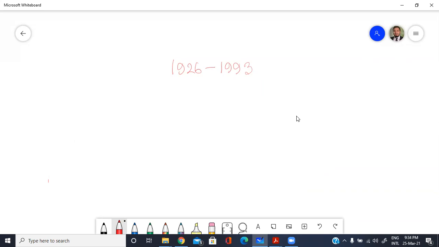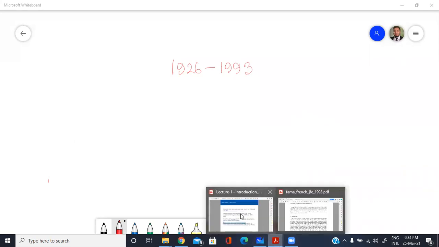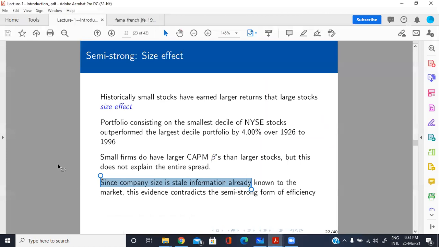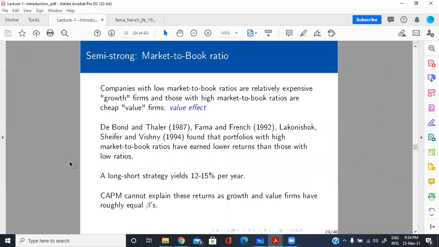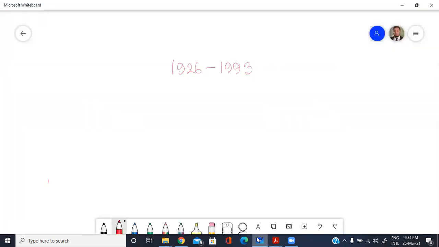I don't want to stress more on the size issue. You just see that the size effect is here. And I would like to conclude by mentioning another factor that is similar to size, that is value.